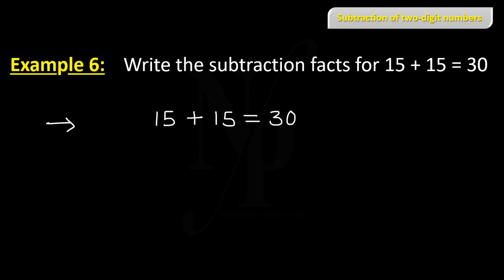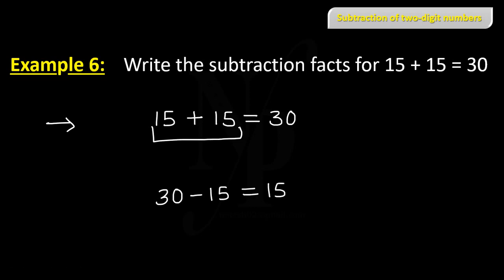Here we are adding a number to itself. Both numbers we are adding here are the same. So in such a case, there will be only one subtraction fact. What we can write is, if you subtract 15 from 30, you will get 15.